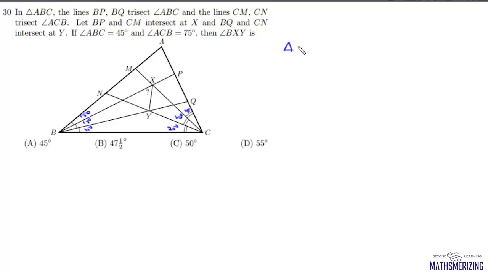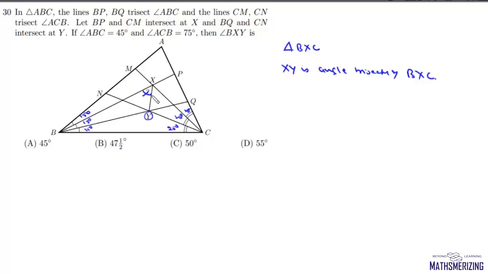Now we look at this triangle BXC. BY is the angle bisector of angle XBC, and CY is the angle bisector of XCB. So this point Y is the point of intersection of two angle bisectors. That means Y is the incenter, which makes this line XY the angle bisector of BXC.